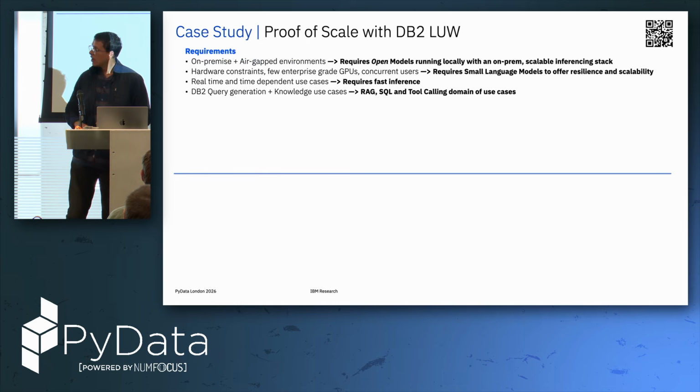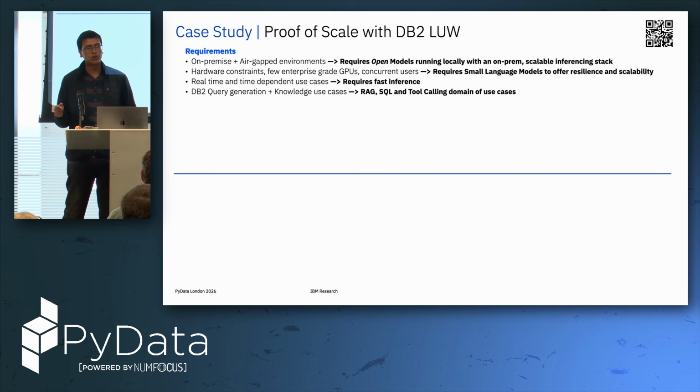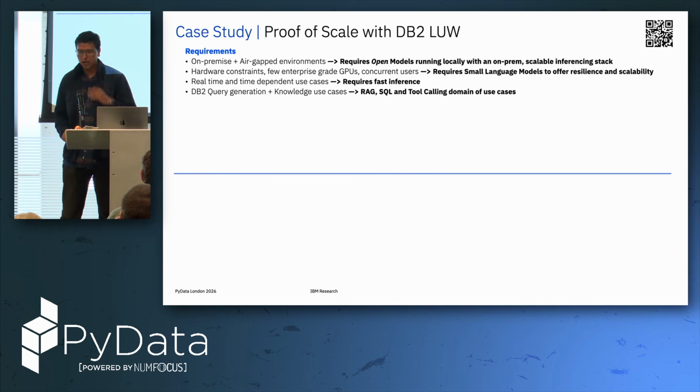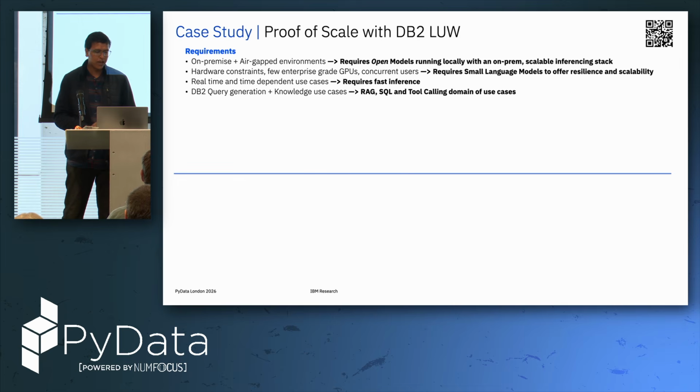So I want to go through 2 quick case studies of how we're actually seeing small language models transition and be the answer to production applications. So DB2 is a database offering from IBM. And what they had was they had these clients where the clients wanted on-prem deployments of their agents, and they had air-gapped environments.